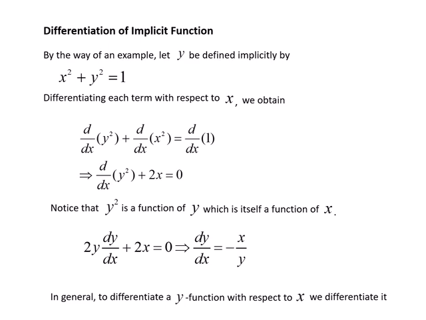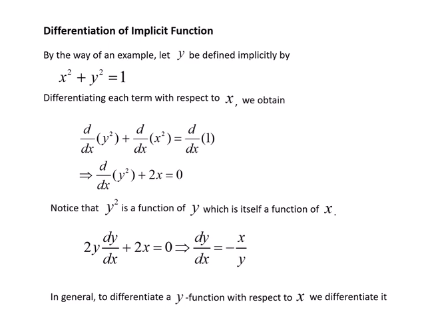Now, x squared plus y squared equal to 1. Differentiating each term with respect to x, we obtain d/dx of x squared plus d/dx of y squared is equal to d/dx of 1.